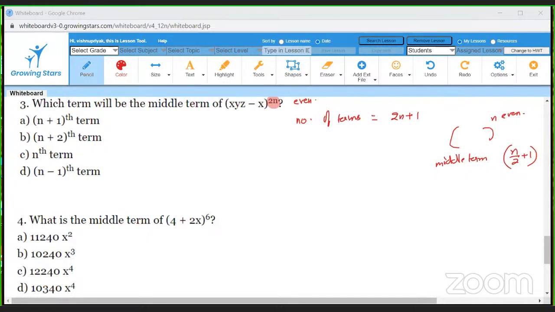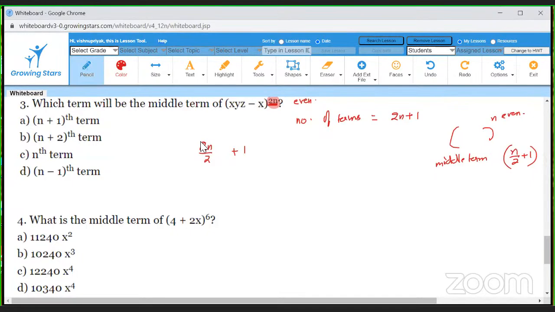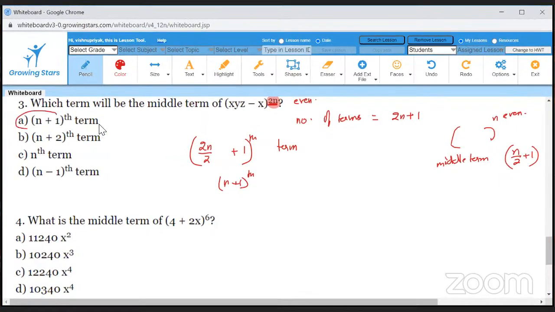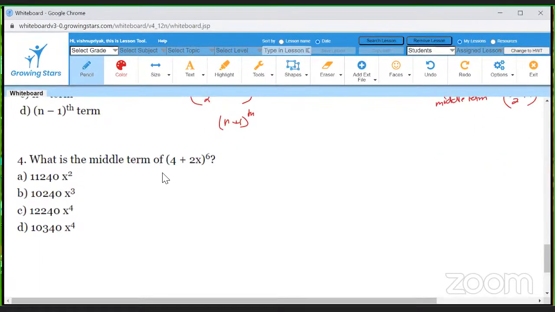So here also I have to take that only. What is the power? 2n, which I have to divide by 2 and then add 1. That is n plus 1th term will be the middle term. This is there in the formula I gave you on the first day.